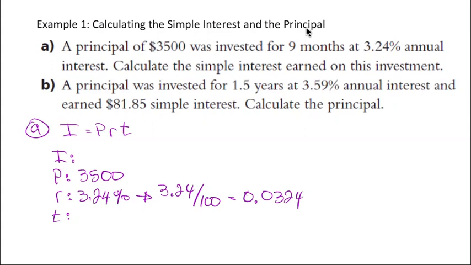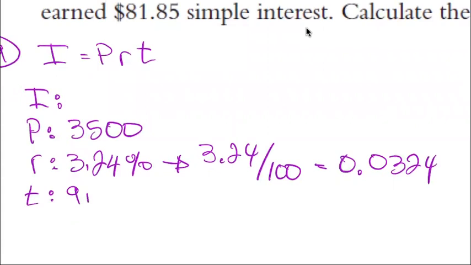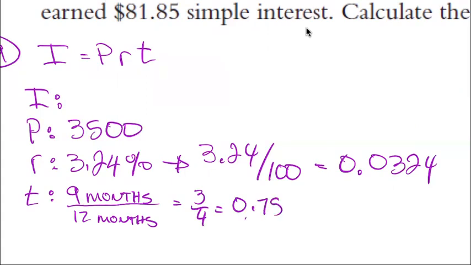And our time, 9 months. Because there are 12 months in a year, to convert this to years, I divide by 12 months. That gives me 9 over 12, which reduces to 3 over 4, which is 0.75 of a year.